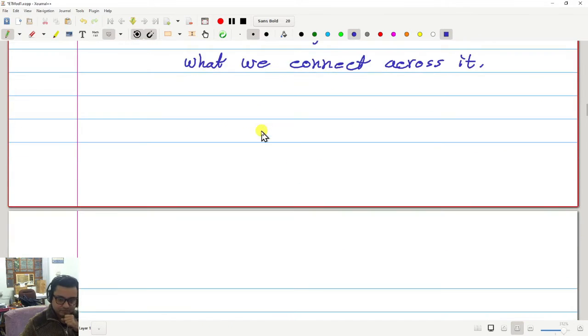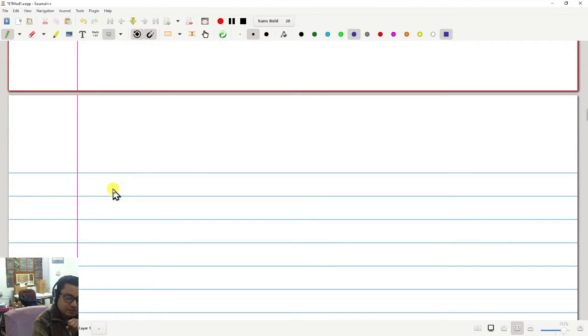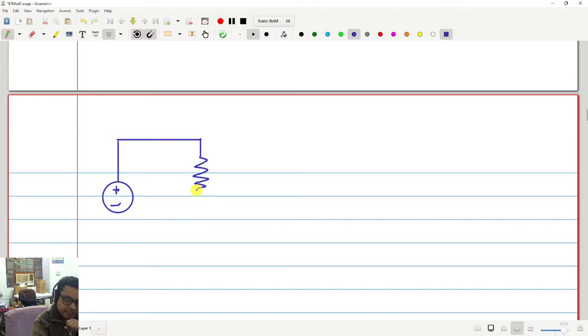Now, if I take a voltage source and suppose I connect a resistance and I change the value of this resistance. Suppose this is, let me call it E, E for EMF, plus minus.